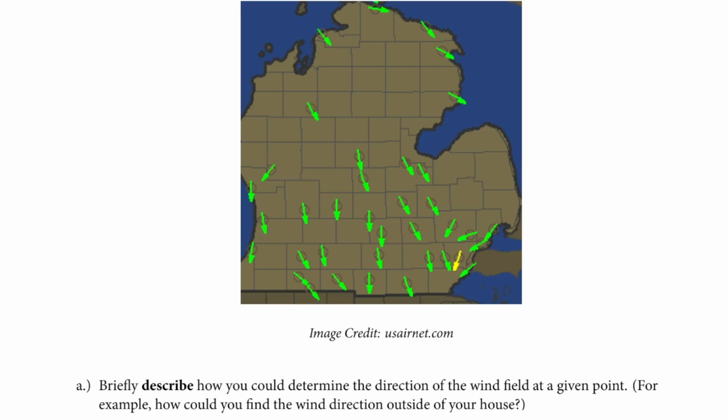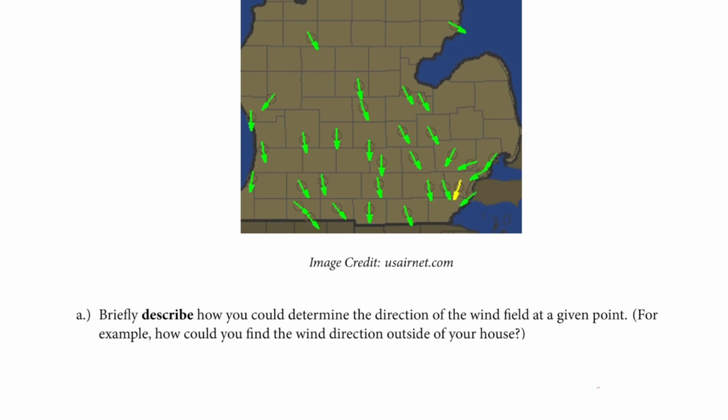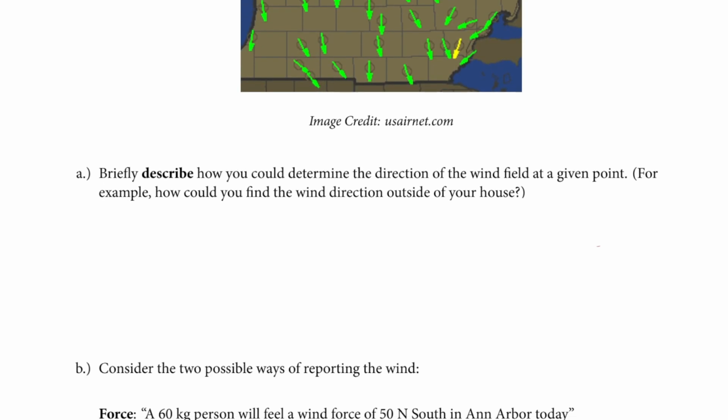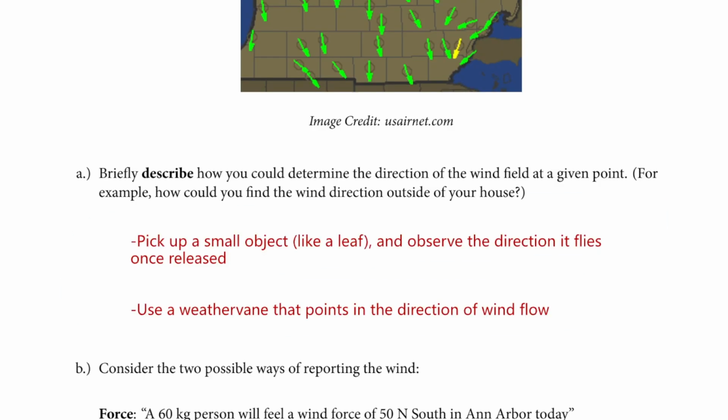If I want to know what the direction of wind is outside my house, what could I do? Well, of course, there's the obvious answer, just stand outside and feel it, but how can we do something a bit more empirical? Well, every time I ask this, someone always finds the answer I'm fishing for, which says pick up a small object like a leaf or a clump of grass and release it into the wind and see the way it flies.